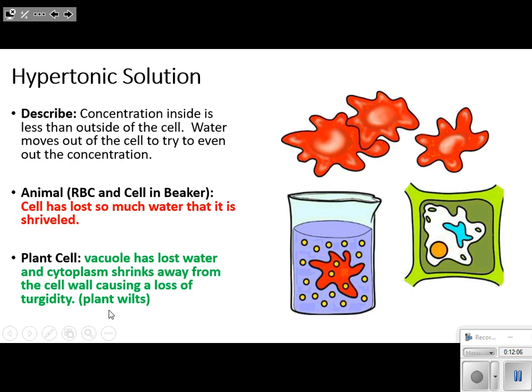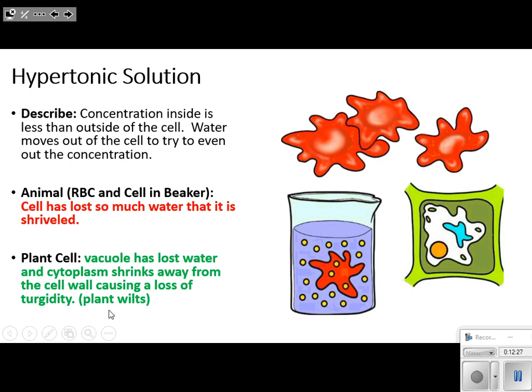Have you ever seen a plant that was wilted? It looks like it's literally going to die for a drink of water, doesn't it? That plant is wilted because it has lost so much water.